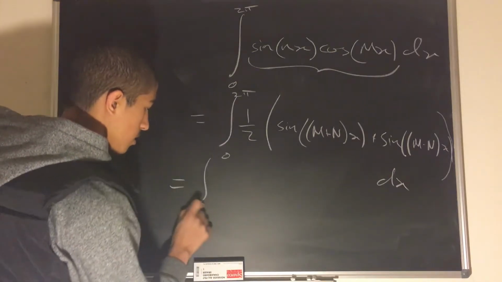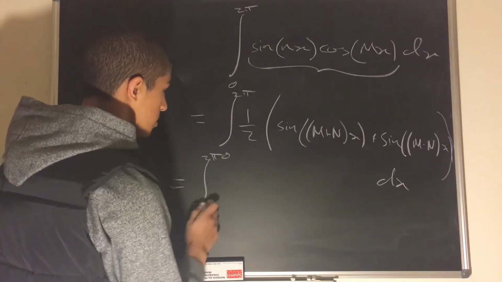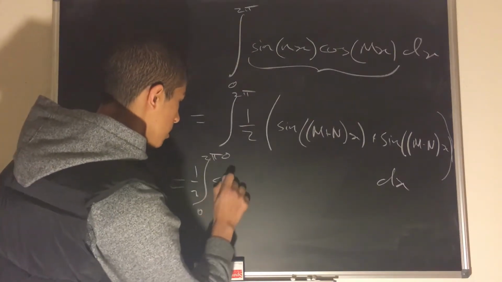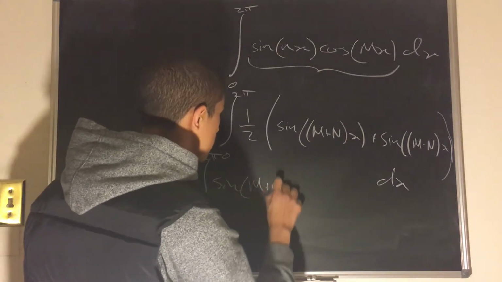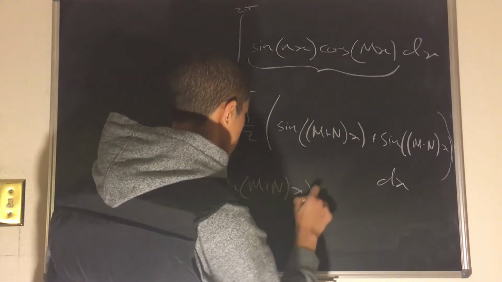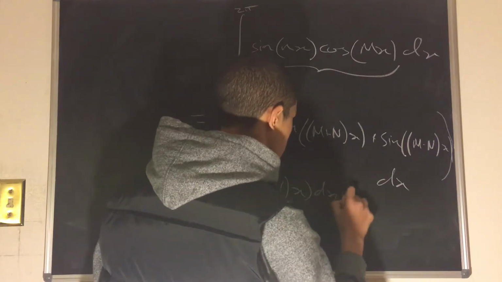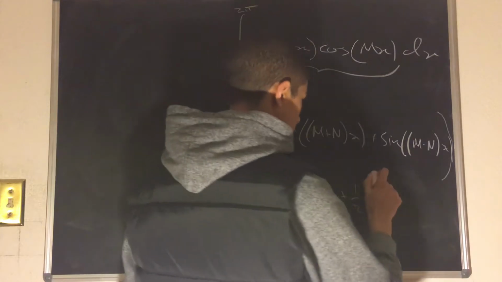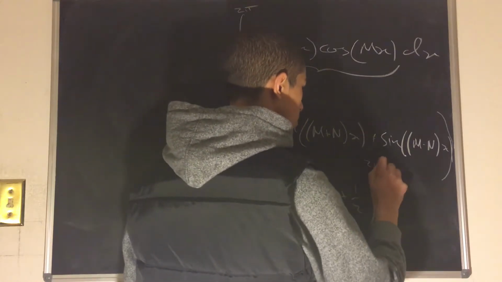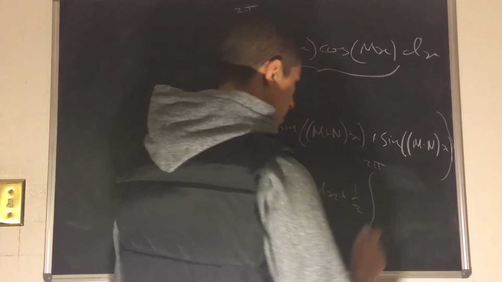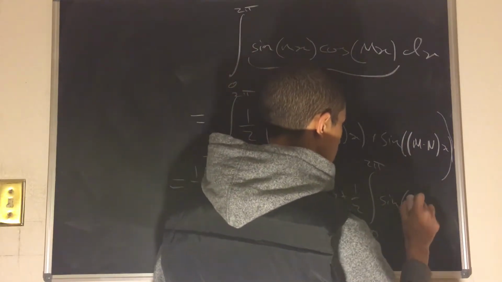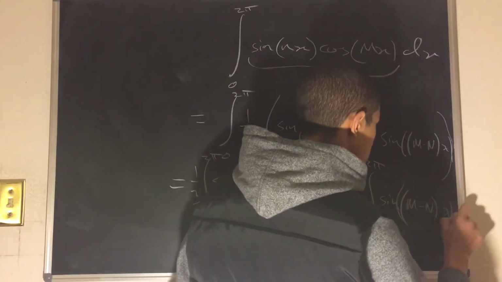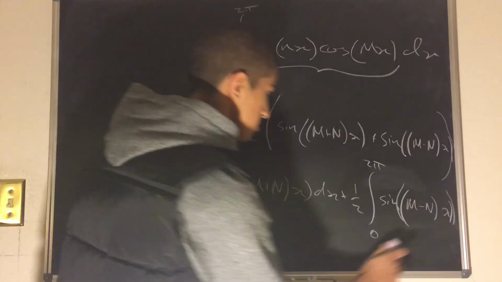So what we get then is one half times the integral from 0 to 2π of sin((m+n)x) dx plus one half times the integral from 0 to 2π of sin((m-n)x) dx.